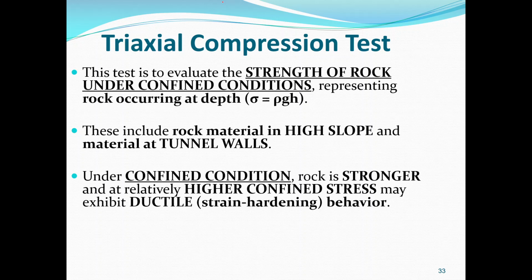And then another testing we call the triaxial compressive test, in which we introduce another surrounding pressure. So it means we have confined conditions, to simulate the confined condition, and then normally the rock exhibits ductile behavior.